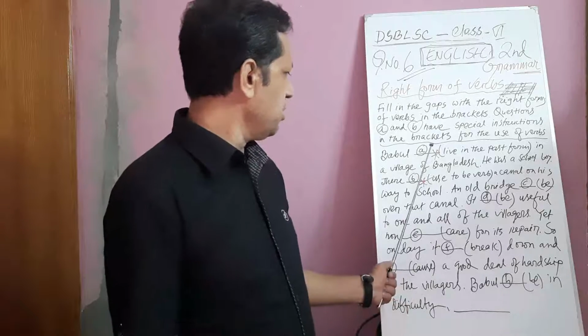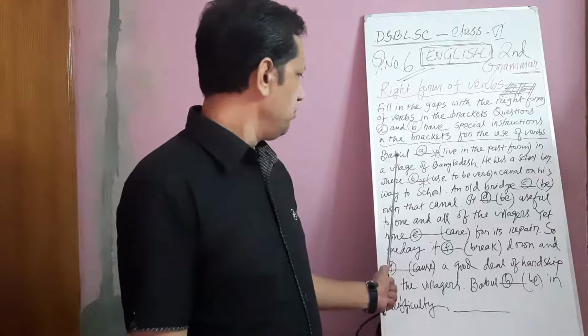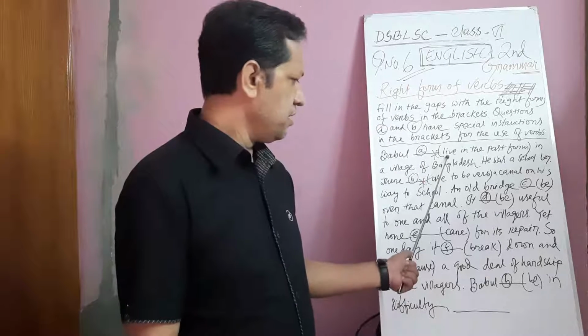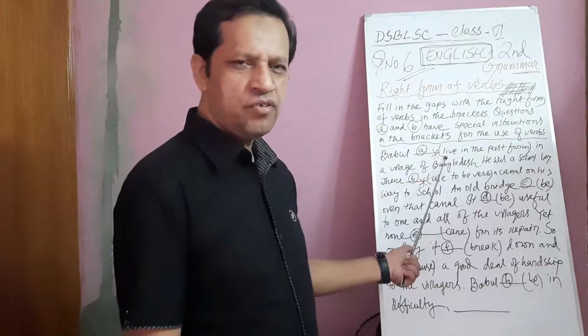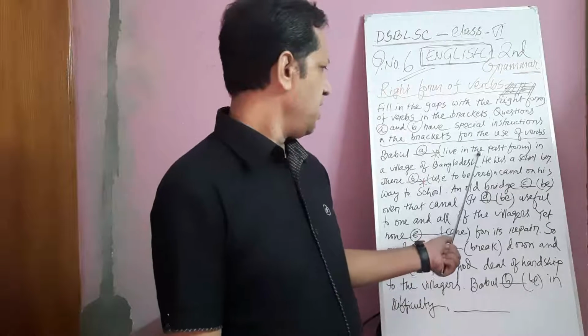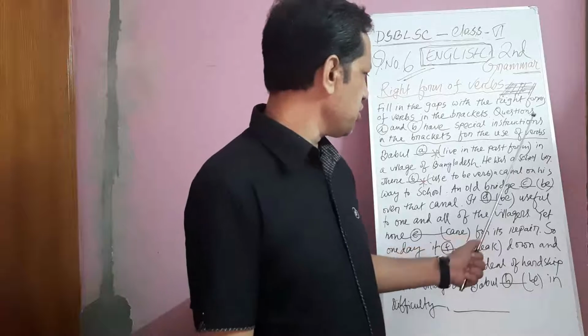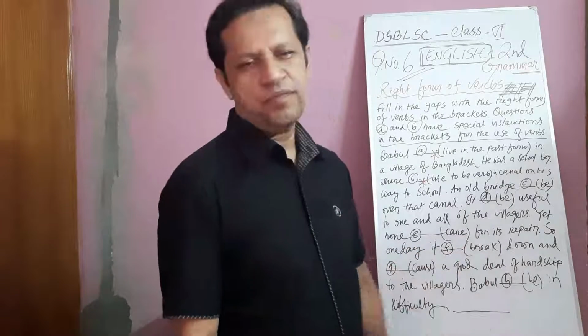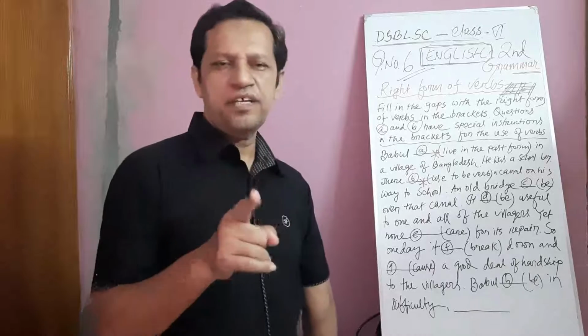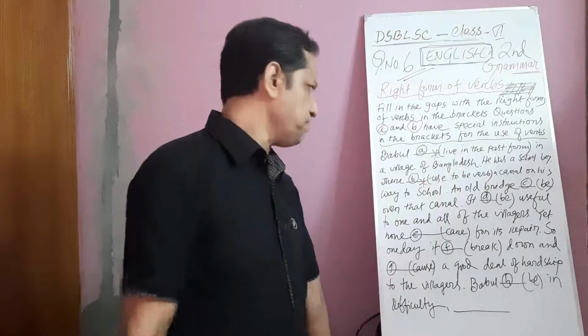You can look: A, gap, leave. Here the verb will be used, leave, but there is a special instruction: leave in the past form. So, you have to use the verb leave in the past form.